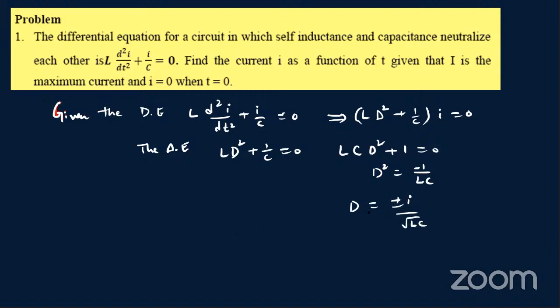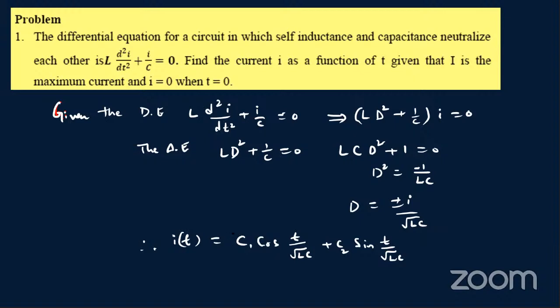Now, it is a complex root, therefore we can write the complement function as I of t equal to C1 cos t by root LC plus C2 sin t by root LC, because e power 0 into t becomes 1 before the term.